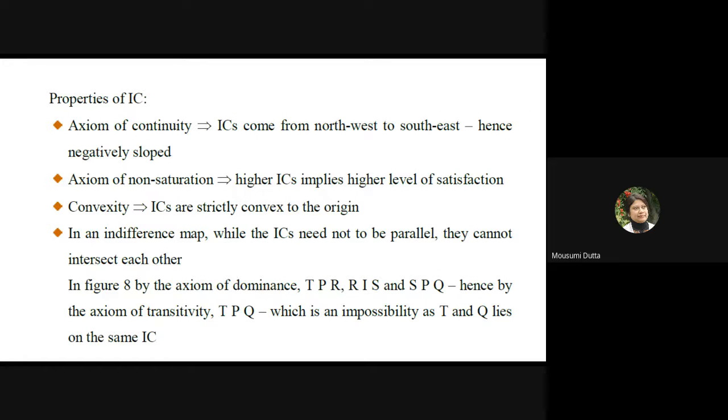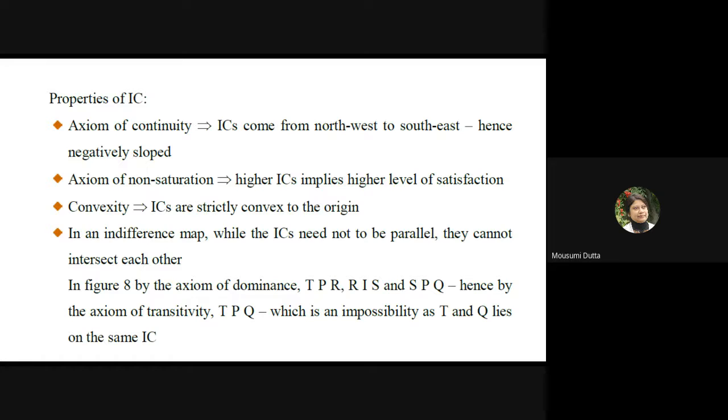So finally, coming to the properties of indifference curve, later we will introduce more varieties of the indifference curve, once we learn about consumer's equilibrium.